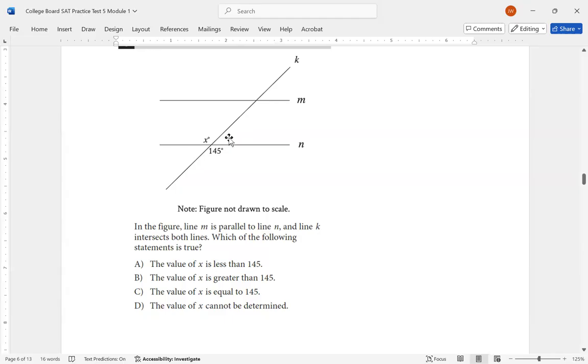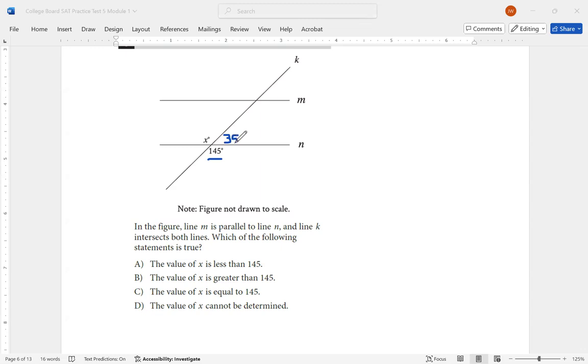the fact that a straight line creates 180 degrees of angles. So if you look at line K, it's split by line N. And what we could do is say, well, since this angle is 145, if I take 180 minus 145, I know that this angle here has to be 35.